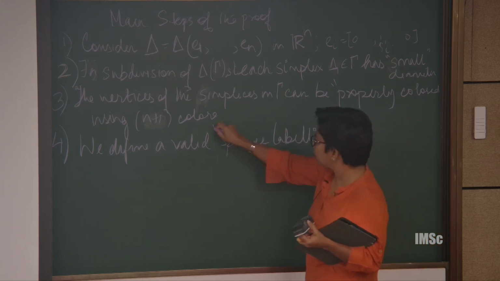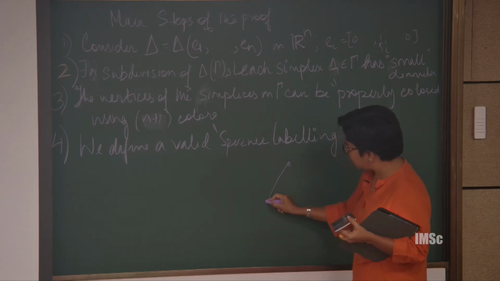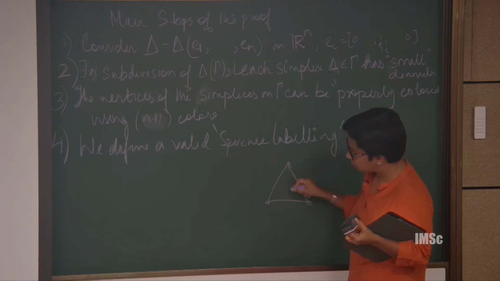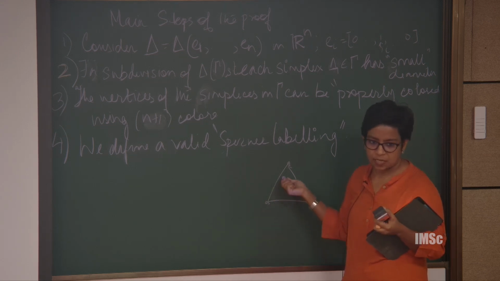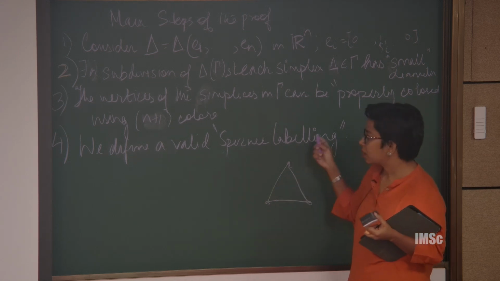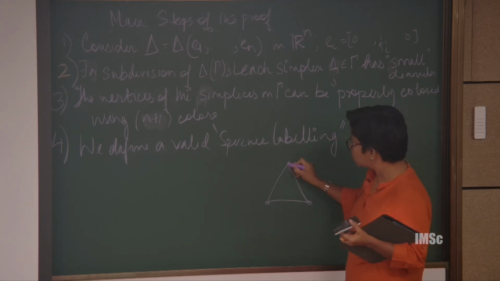I will say everything. Properly colored basically means if you have a simplex like this, all the 3 vertices are distinctly colored. We are coloring vertices. Yes, the colors are associated to the vertices.